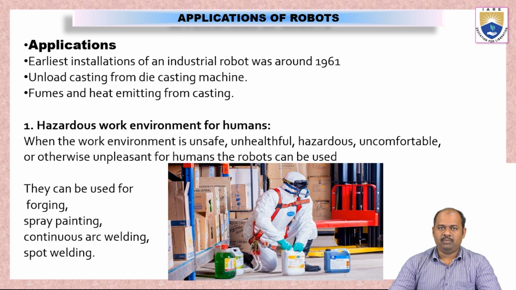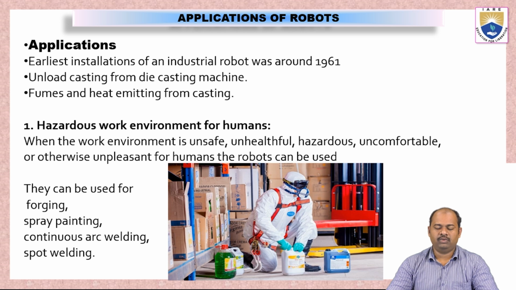We'll see what are the general applications of robots. Back in the 1960s, Unimation was first formed and the first industrial robots were developed. Unimation is the society for companies which manufacture robots. In 1961, the first industrial robot was invented and came into existence.